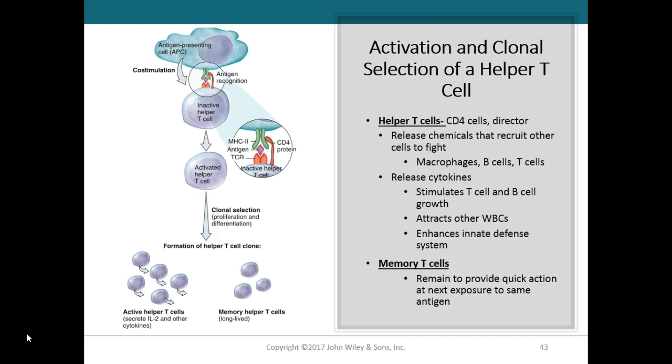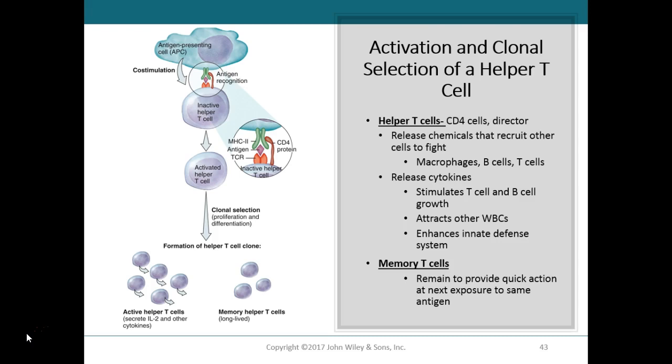And remember, clonal selection is simply you're making clones or copies of that specific type of cell because it was activated in response to that specific antigen. So the result of that clonal selection is the formation of helpers or clones of those helper T cells. So now we've got helper T cells, and we also make some memory T cells from that clone.